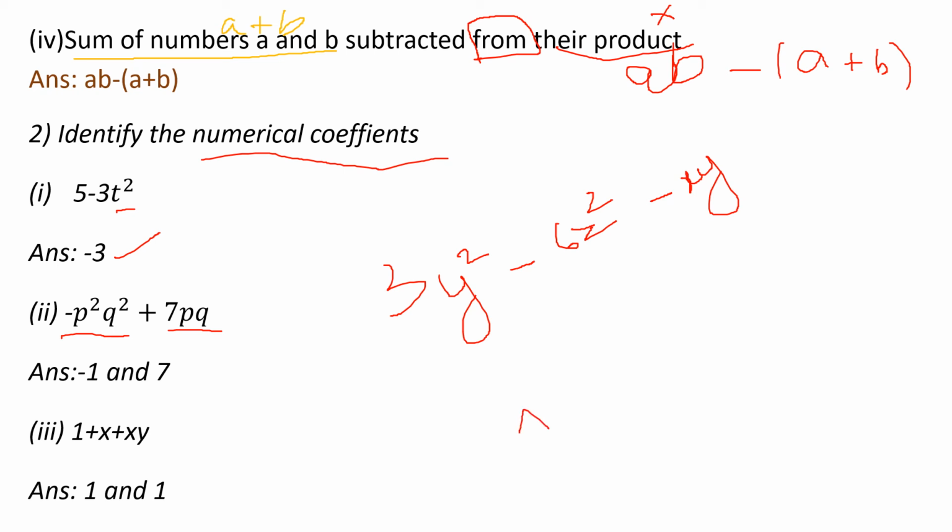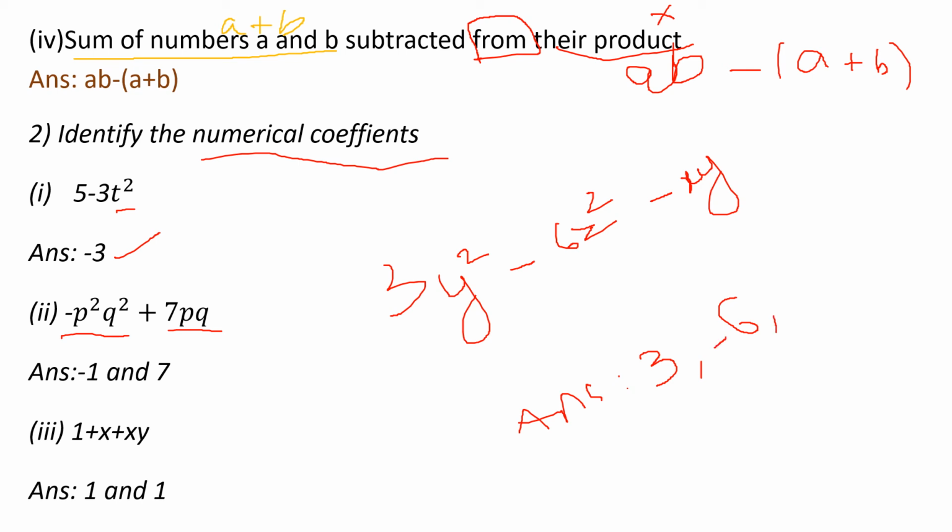What is the answer, children? Can you write it down? What shall I write? For y square, what is the coefficient? 3. And what is the coefficient for z square? 6. Whether it is correct? Whether 6 is correct? Wrong, right? Because it is minus 6.